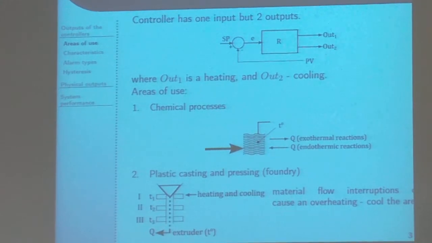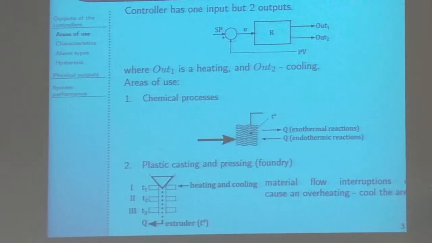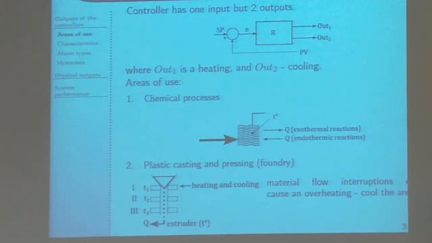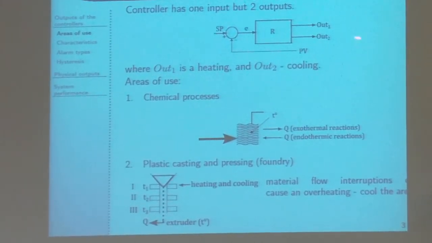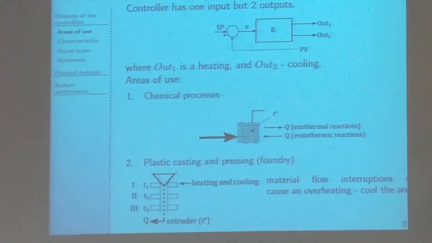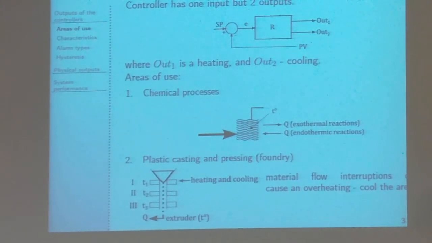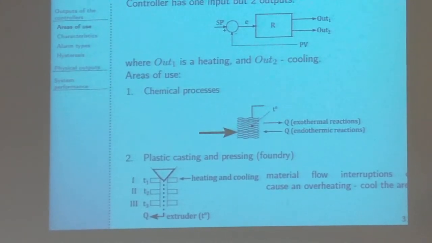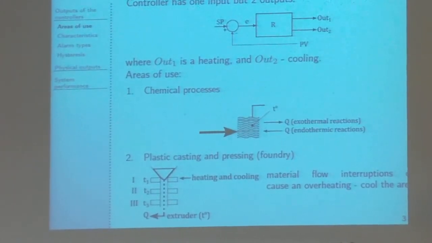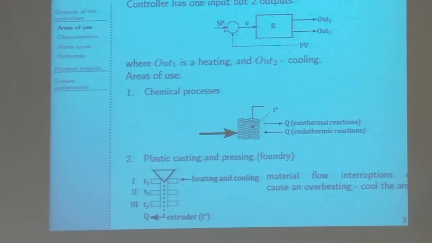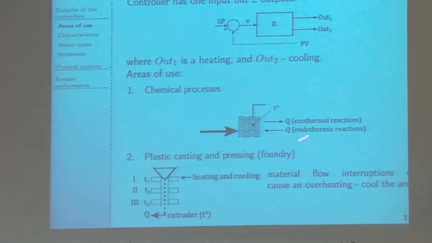In that case, we can provide that information further. But in some other cases, we can use different characteristics or different processes. For example, one of the outputs can be used for heating and one for cooling. Why do we need such opposite processes? For example, in some chemical processes, in order to obtain the right product, we can use the same controller for different types of processes.